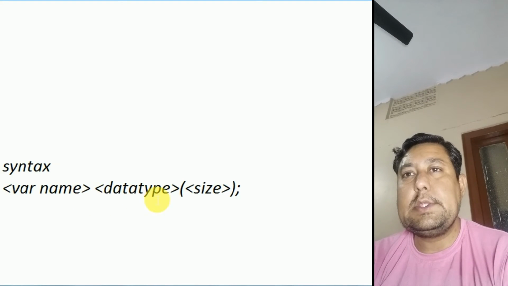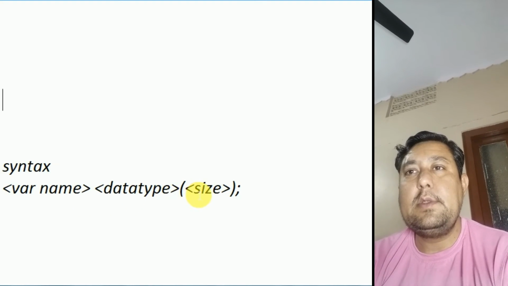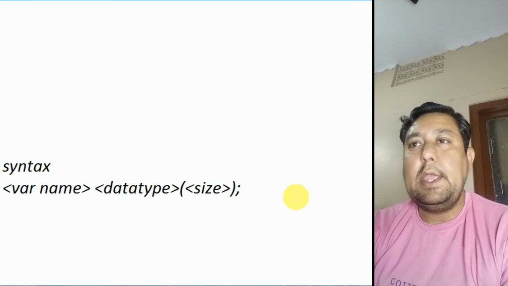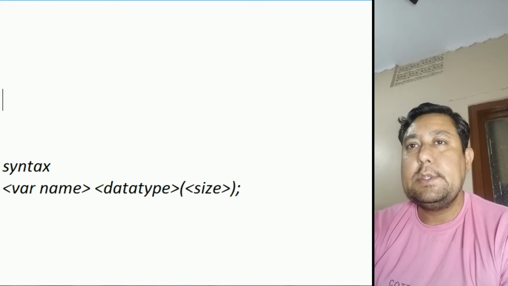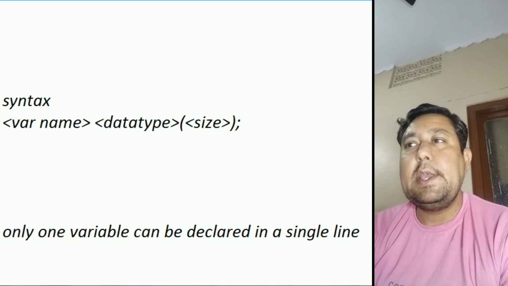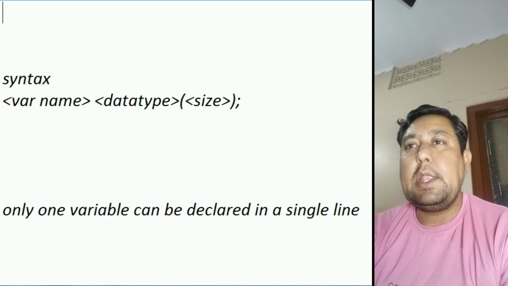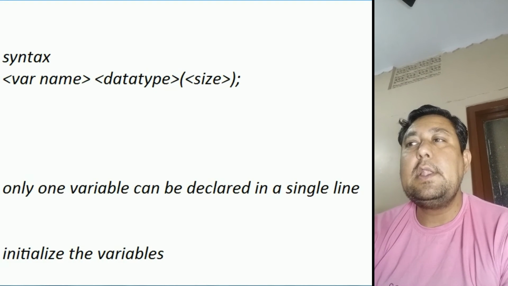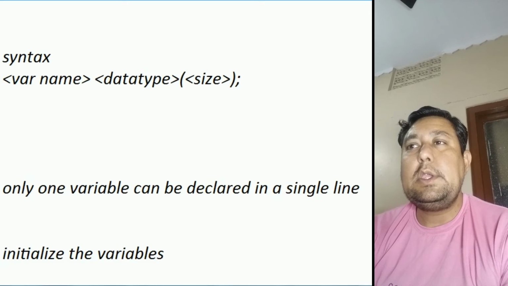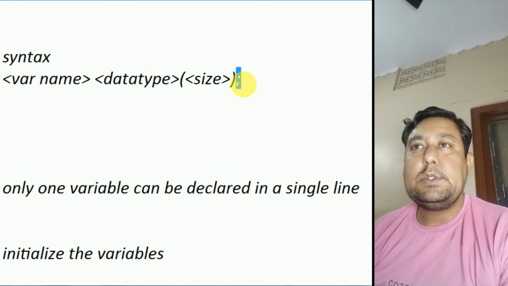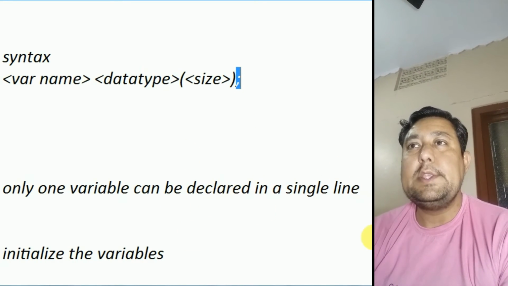So the syntax of declaring a variable is the variable name, its data type, and along with its size in brackets. So this is the simplest syntax you can use to declare a variable in a PL/SQL block of code. Only one variable can be declared in a single line. So if you have more than one variable, you have to declare them on separate lines. The line is ended with a semicolon, as you can see.